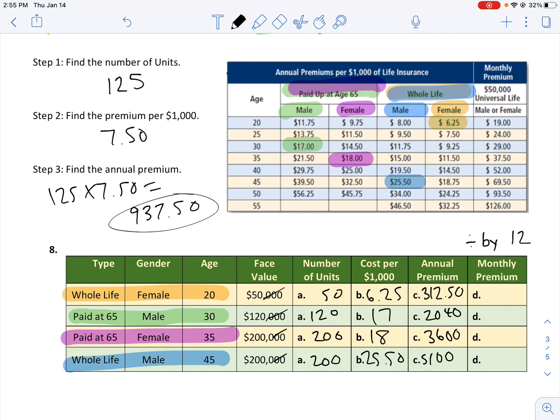So 312.50 divided by 12 is 26.04. 2040 divided by 12, 170. 3600 divided by 12, 300. And 5100 divided by 12, 425. And there we go.